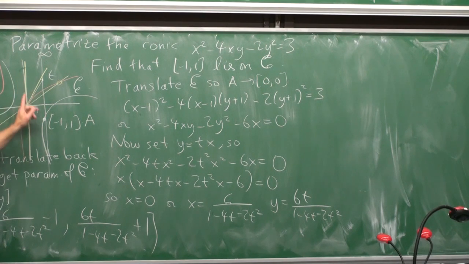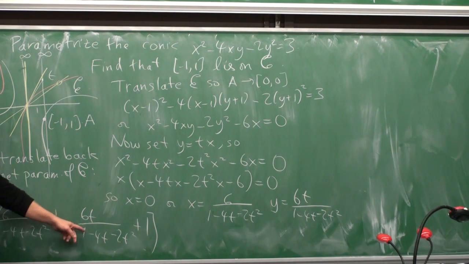So this line that's vertical, which is in the same direction really as the parameter line that we're using, should be thought of as meeting this line at infinity. So you're getting the corresponding point on the hyperbola when you set t equal to infinity. What does that mean? It's just a projective view. It just means that when t gets large, the denominator here will become large and this whole thing goes to 0.